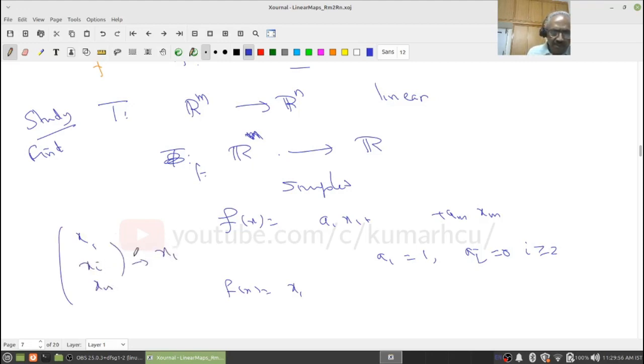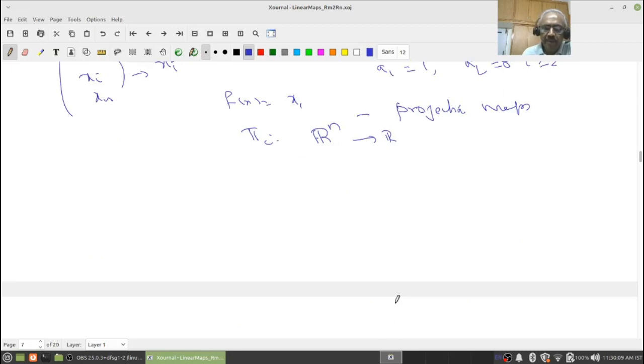Similarly, if I have xi, I drop it only to xi. These are called the projection maps. So let me call pi i a projection from Rn to R, where pi i of x1 to xn equals xi. That's the ith coordinate of x.